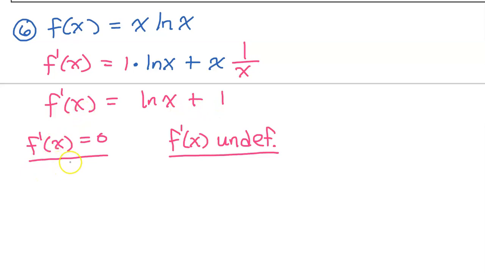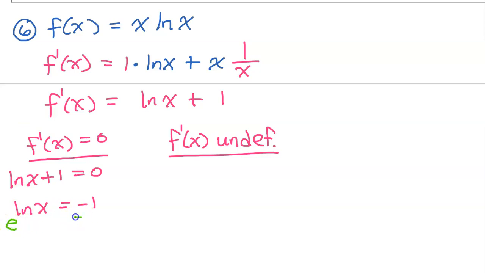A minimum value can only occur when f prime is equal to 0 or when f prime is undefined. So let's start with setting f prime equal to 0. Natural log x plus 1 is equal to 0. That would mean that natural log x is equal to negative 1.